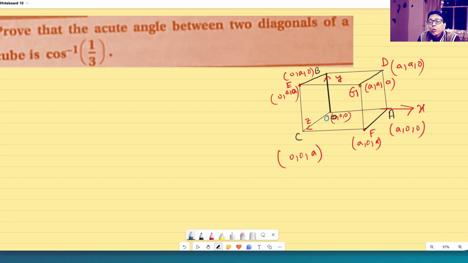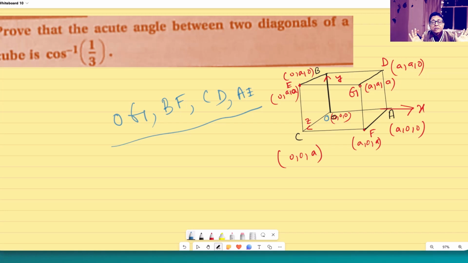Agree or not? BF is a diagonal. Agree or not? CD is a diagonal. AE also. You are going to prove that the acute angle between any two diagonals is going to be cos inverse 1/3. So we will find the direction cosines of any two of them.